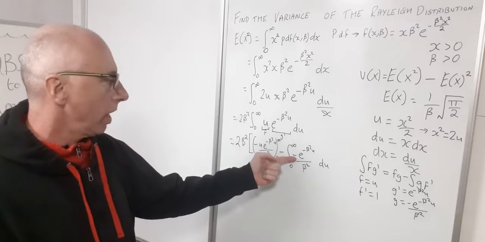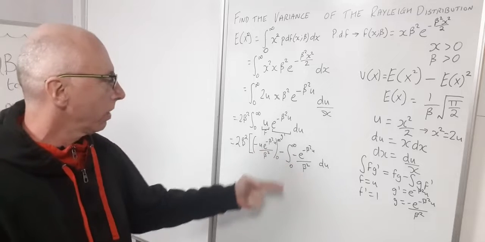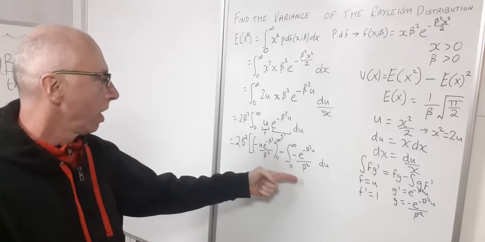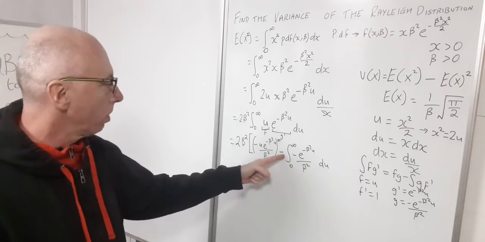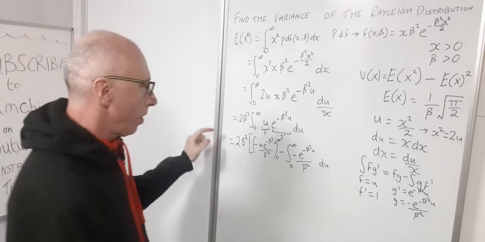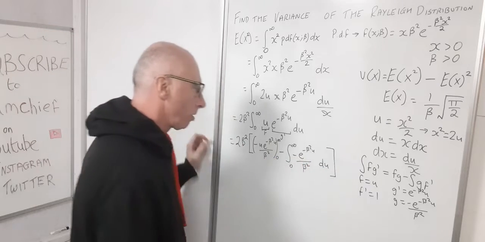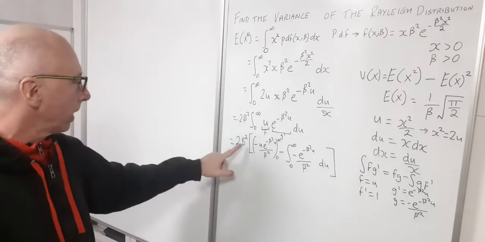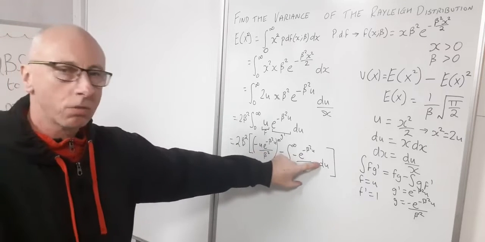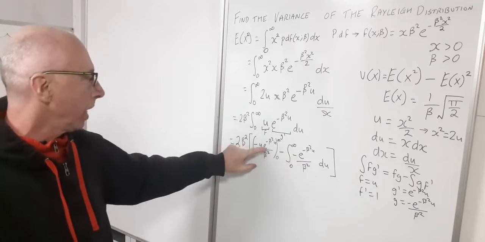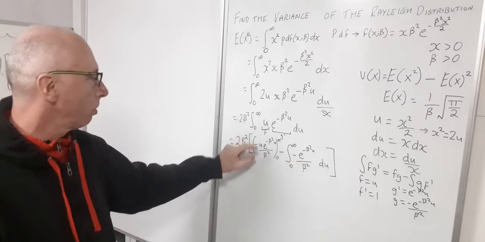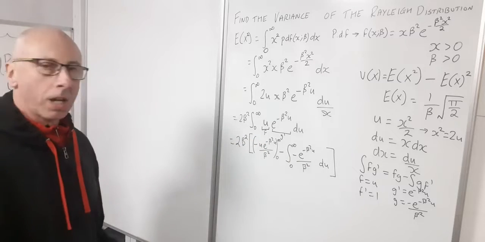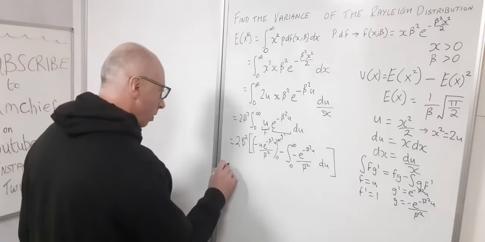Well, minus and a minus, they will cancel out, so that'll leave me with a positive. And this beta squared can come out. And as this whole thing, let's just put that all in brackets just to complete it. This beta squared can cancel out this beta squared for the integral part. But then this bit here will still need to be multiplied by 2 beta squared. So let's go on the next line and see what we've got.